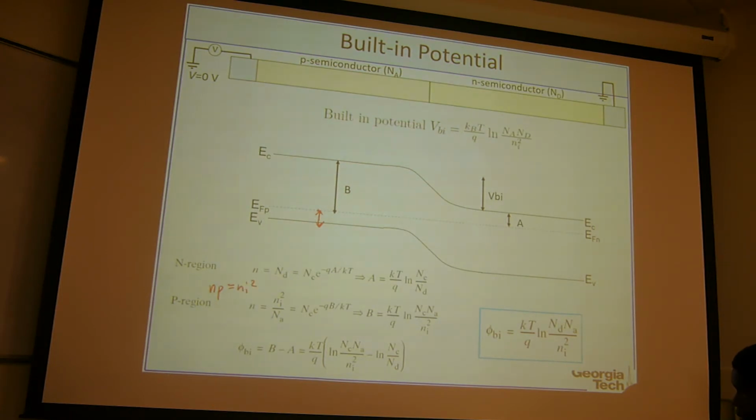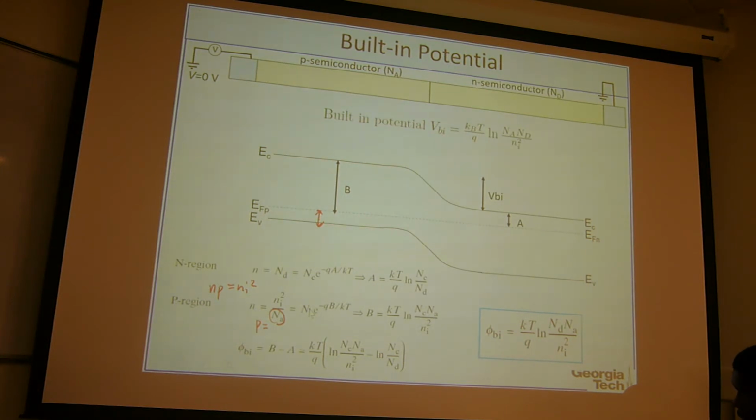In the P-type region, p equals Na, so n equals Ni squared divided by Na. Ni squared and Na are given, and you will get the distance B, from EC to EF in the P side.